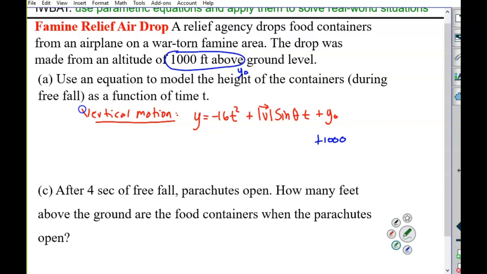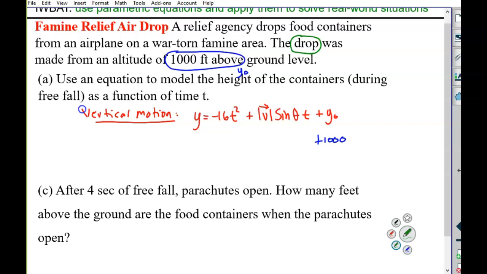Now, here's the key thing. The package is dropped. What is the speed of the package right at the time that it's dropped? If this is the package right now, what is the speed of this? 0, right?